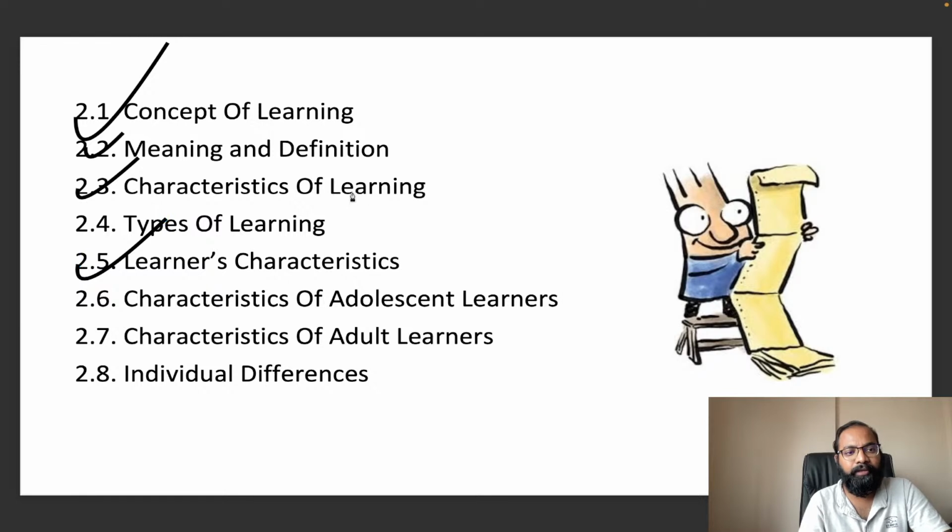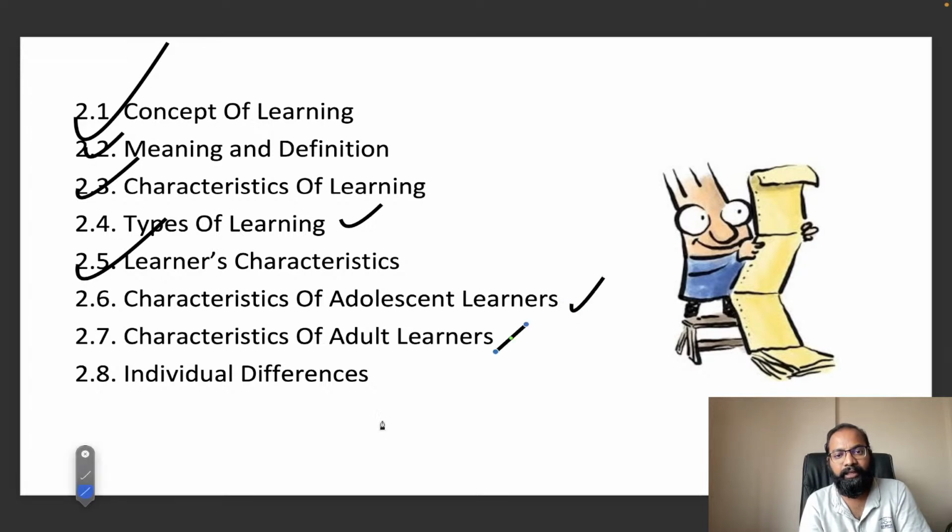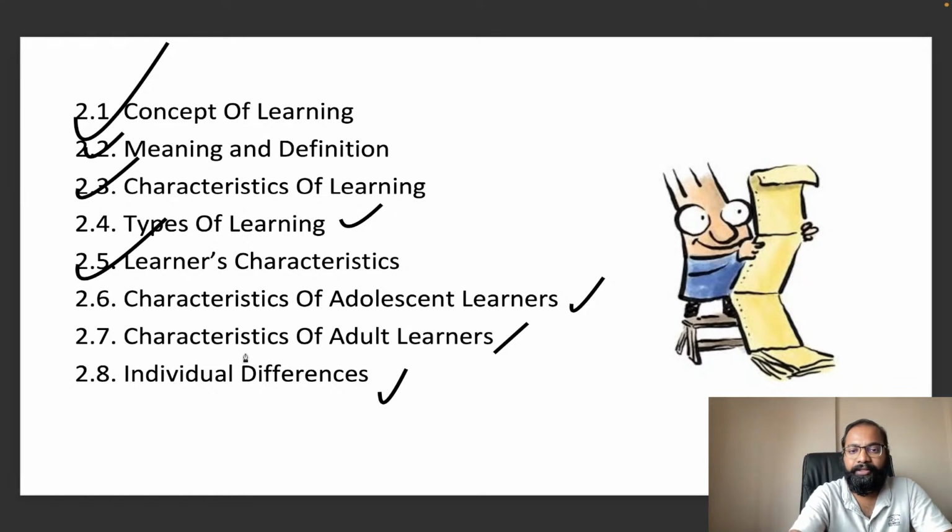These are the topics we already covered in the second part. In today's session, we will see what the types of learning are, what the differences between adolescent and adult learners are, and what the meaning of individual differences is. So 2.4, 2.6, 2.7 and 2.8 we are going to see in this session.